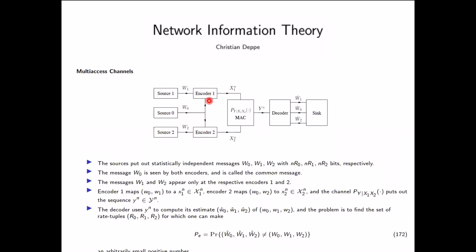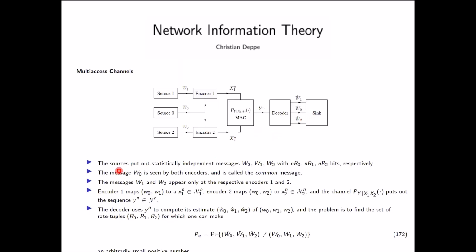Encoder 1 encodes its message into x1 to the n and encoder 2 into x2 to the n, and it goes over the channel, which has 2 inputs and 1 output, and the channel output y to the n, and the decoder must give some estimate of W1, W0, and W2.